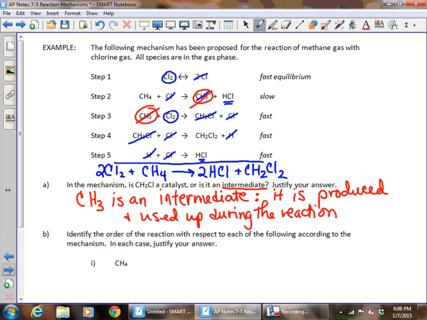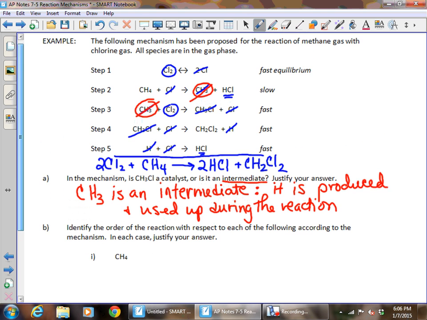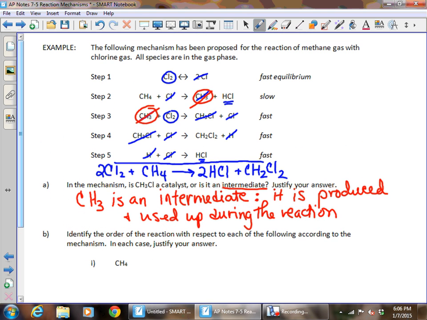The next question wants us to identify the order of the reaction with respect to both CH4 and Cl2. Okay, so we look for our slow reaction, and our slow reaction is right here.